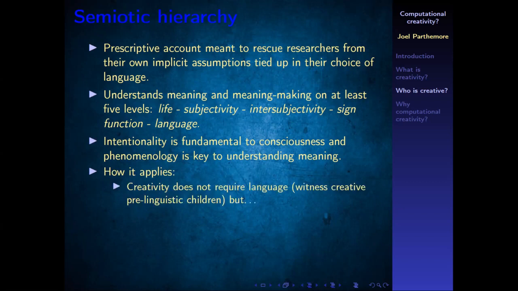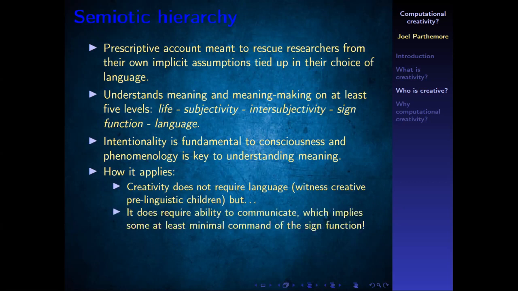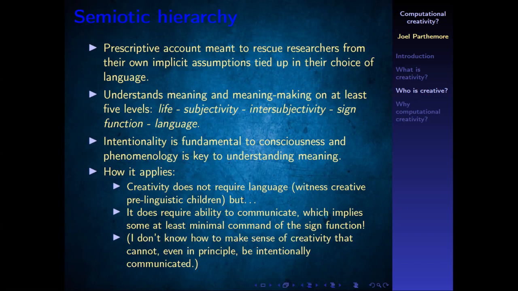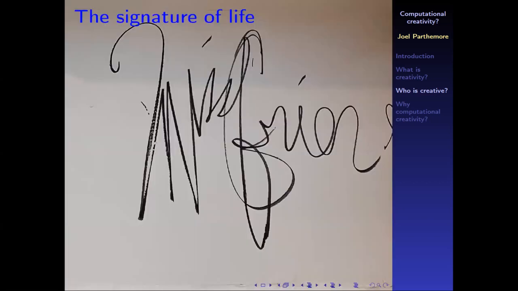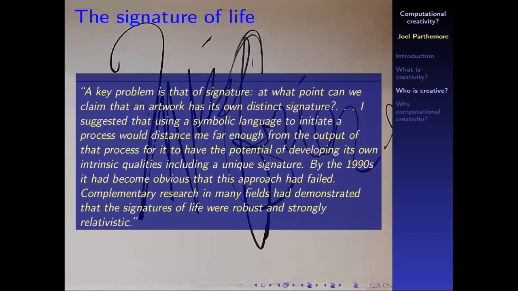How it applies to this paper: creativity does not require language, witness creative pre-linguistic children, but it does require an ability to communicate, which implies at least some minimum command of the sign function. At least I don't know how to make sense of creativity that cannot even in principle be intentionally created. So creativity, as I'm presenting it here, really at base level requires life.